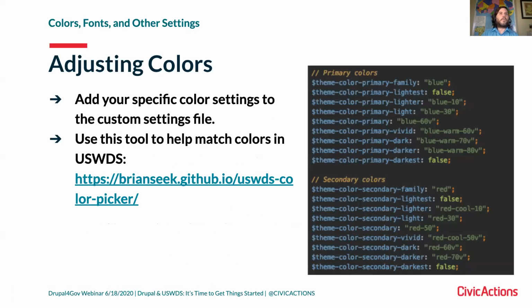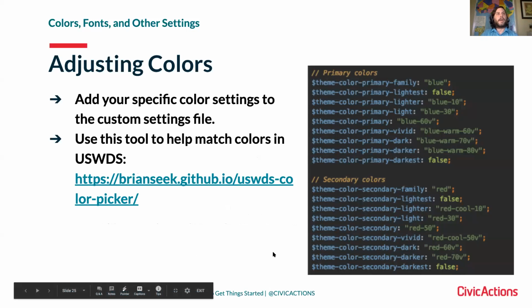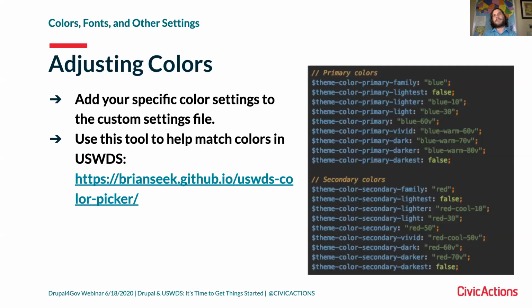All right, so what we're going to do here is update some color settings in that settings file. And we'll use this tool, which I would recommend you use, because one thing that's kind of hard about the colors is they're all labeled by grades. As you can see in the screenshot, that number is the grade they have, but there's no visual indicator to know what color is what.